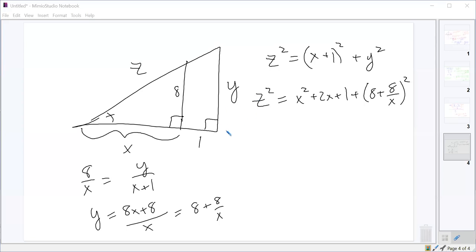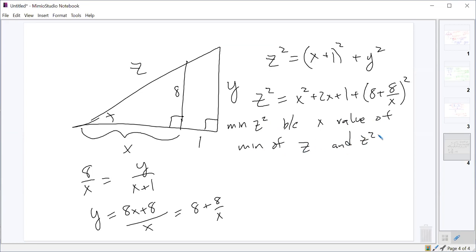So I can just minimize Z squared because the X value of the min of Z and Z squared should be the same.